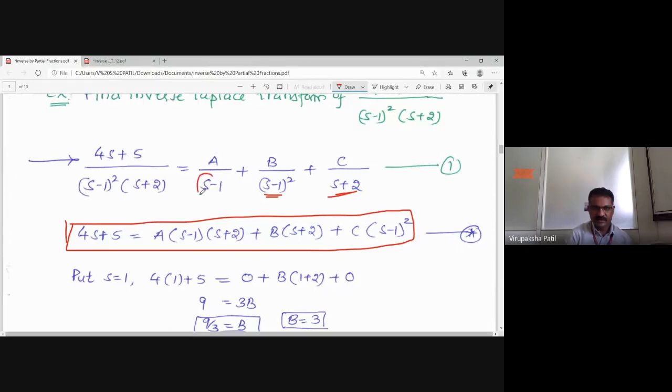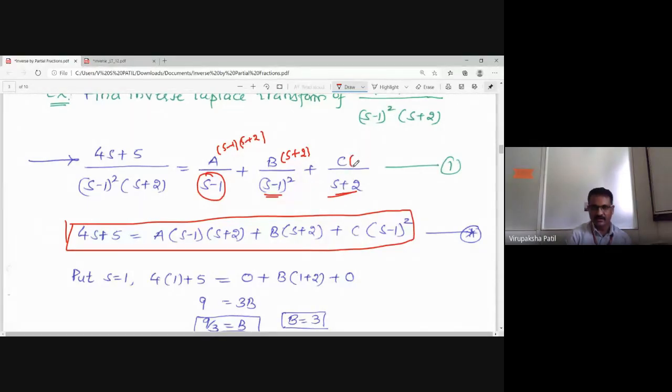Here, (s - 1) power is 1, so you have to multiply this by (s - 1) into (s + 2) is also not there, so (s + 2). Now if you take the LCM, (s - 1) square is already present there, you have to multiply it by (s + 2), and here (s + 2) only is there.